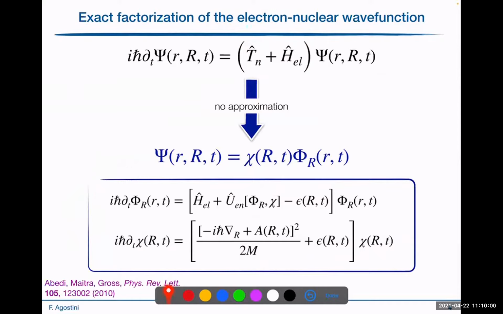The electronic equation is again an evolution equation, but it's not a time-dependent Schrödinger equation, especially due to the presence of an electron-nuclear coupling operator that depends explicitly on the nuclear wave function. So to solve the electronic equation, we have to know the solution of the nuclear equation.